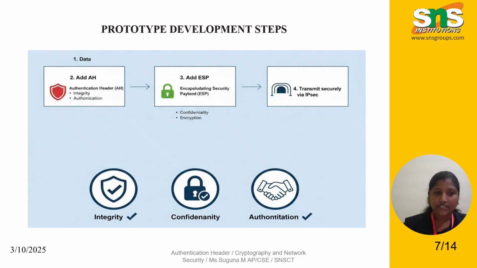ESP additionally applies an encryption algorithm like AES or triple DES to perform stronger encryption. So together they transform the normal IP packet into a secure IP packet. This is the prototype we are going to give Ravi to protect his messages. I hope you clearly understand how this prototype works.